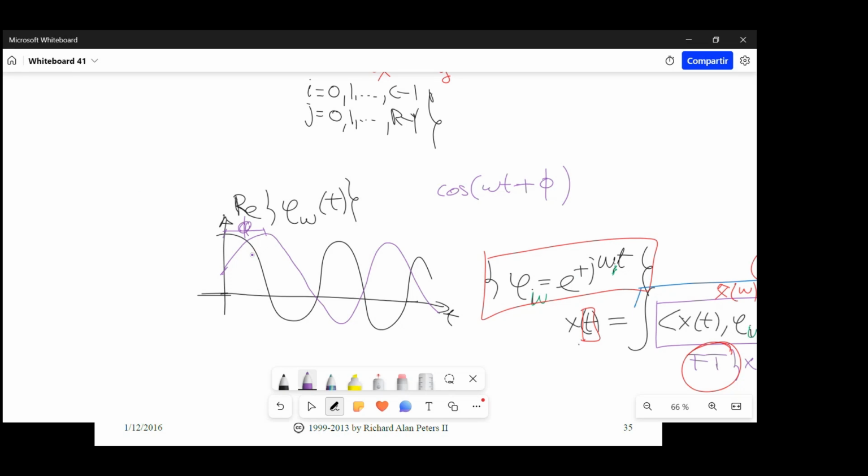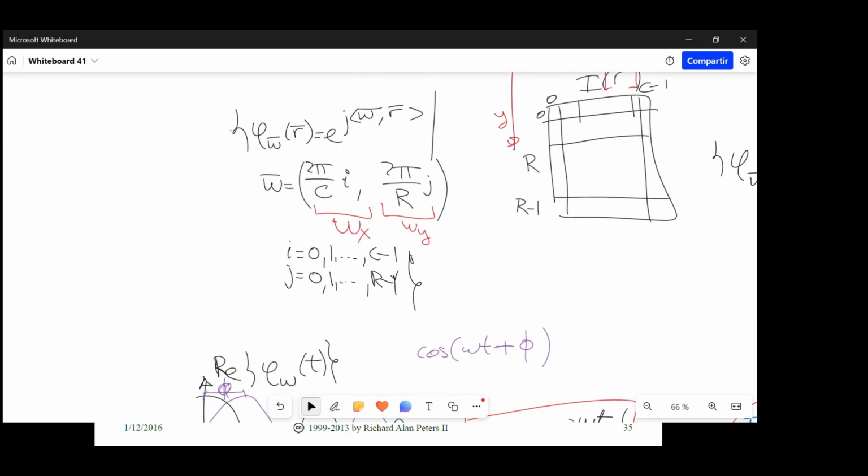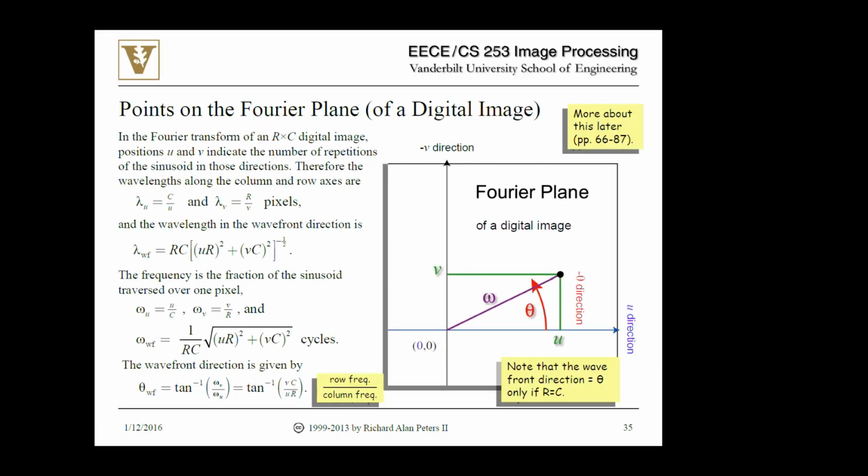They go from 0 to R minus 1 or C minus 1. These i and j were arguments in the frequency, and they have the same range as the input. So now we take u divided by C, v divided by R, and that gives you two frequencies, omega x, omega y.